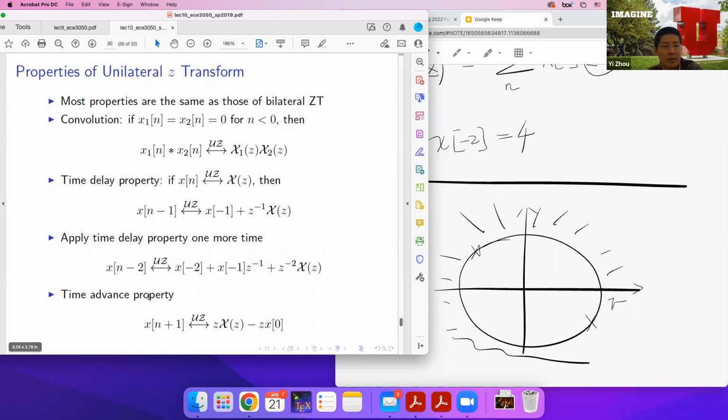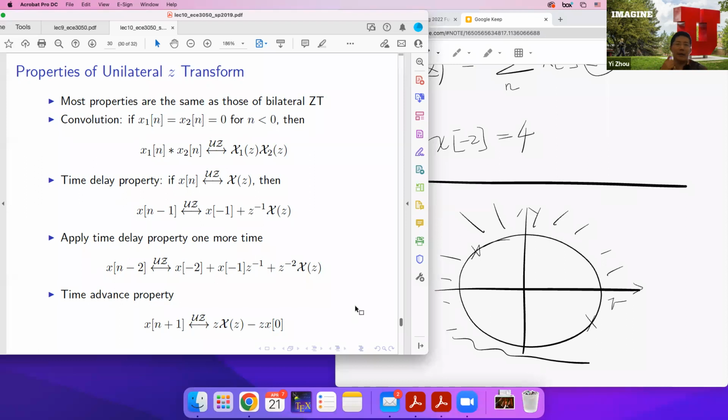And this is a time advance property, where instead of n minus 1 or 2, we are looking at x[n+1]. And for this one, the corresponding z transform is given by, again, a standard time shifting property with the second term depending on the initial conditions.